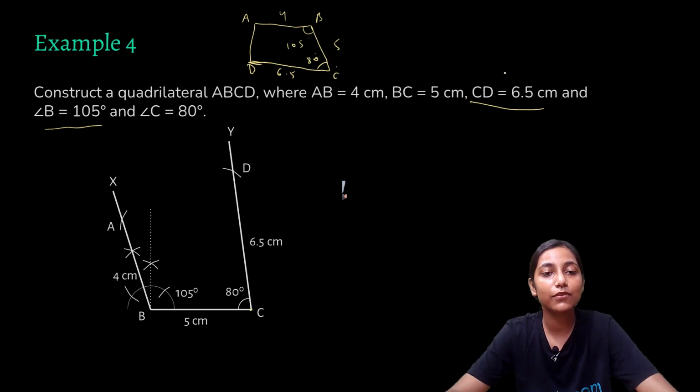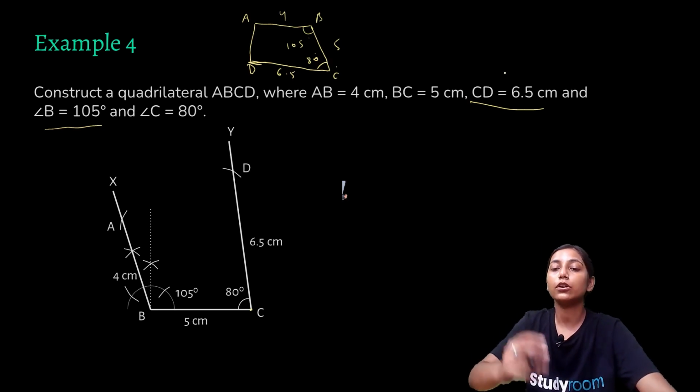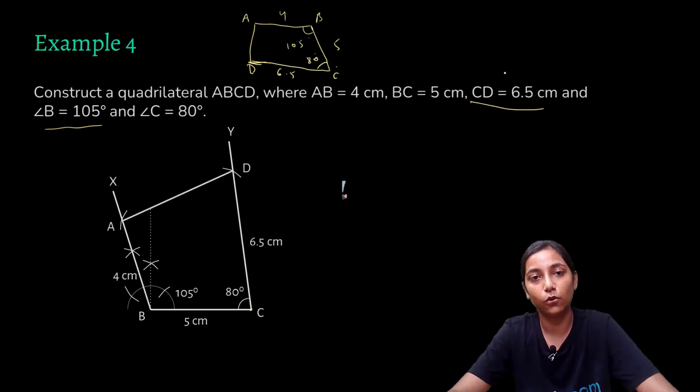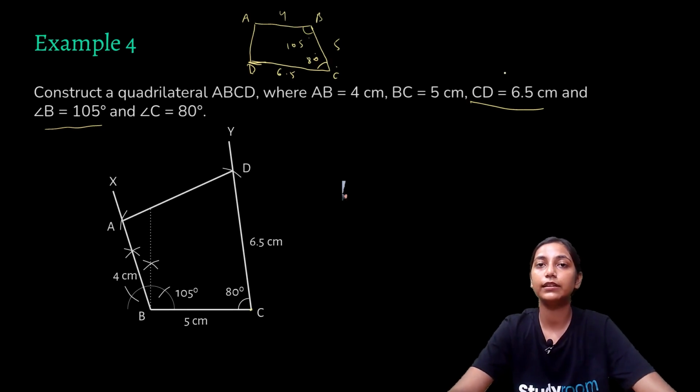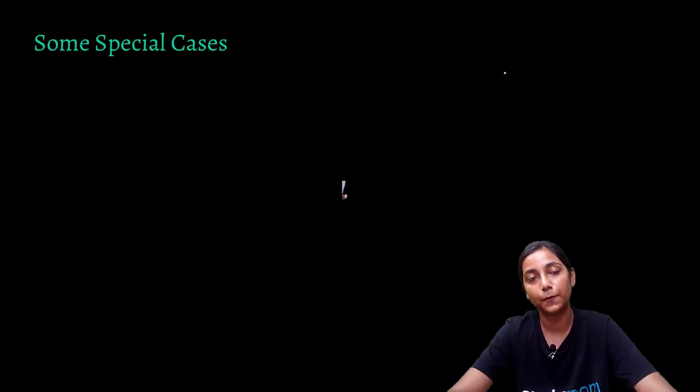Now the last step that is left is to join AD in order to complete this whole quadrilateral ABCD. So we just join vertex A with vertex D, and we get the complete quadrilateral ABCD. This is example number 4.